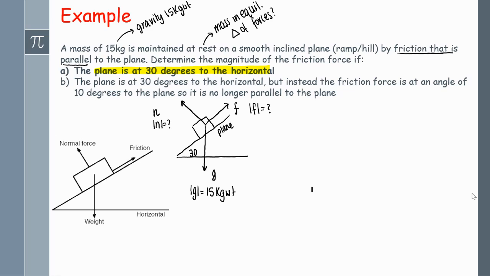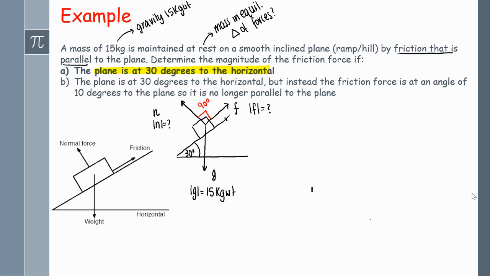Finally, we know that the angle between our plane and the ground, or the horizontal, is 30 degrees. We have to start adding in angles between each of these forces or each of these vectors.